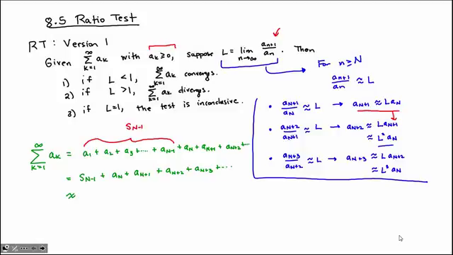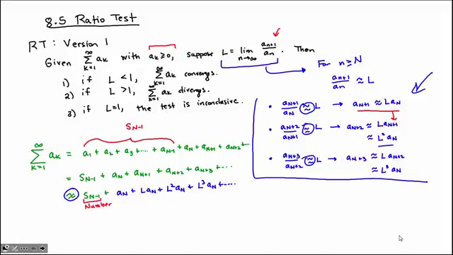Now if we utilize our work over here, well, we have a_N, then we have L a_N, L squared a_N, L cubed a_N, and so on. And again, this is an approximation because we had approximations over here. S_(N-1) is a number that we can calculate. It's a sum of finitely many terms.